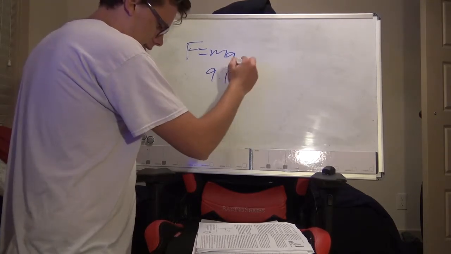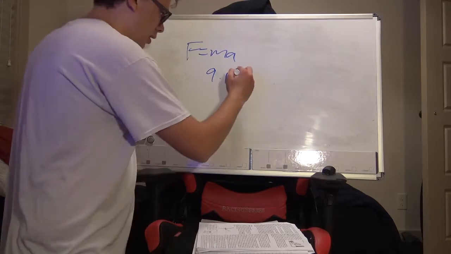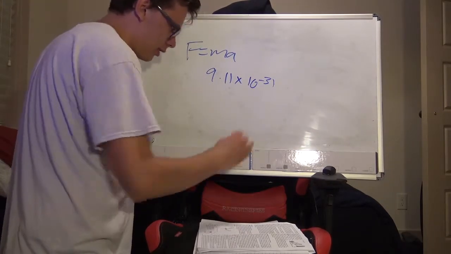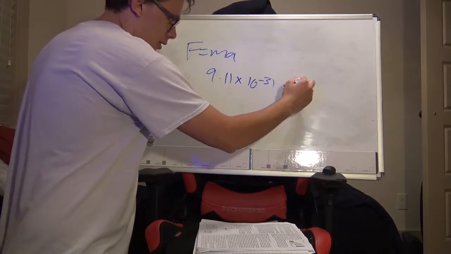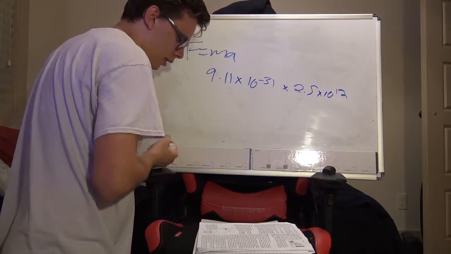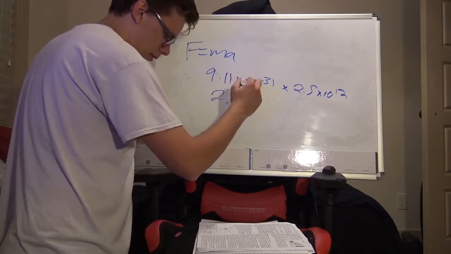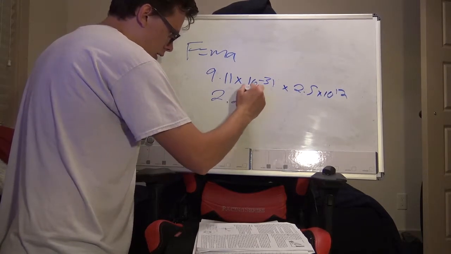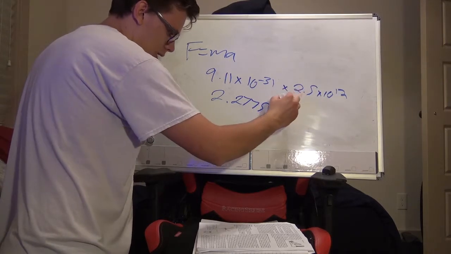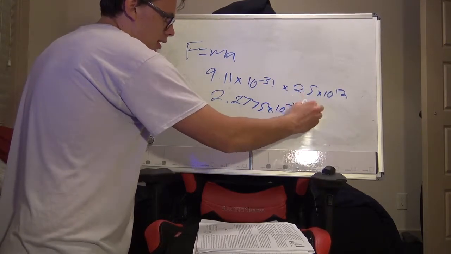So we know the mass is 9.11 times 10 to the negative 31 times 2.5 times 10 to the 12th. Do that, you get 2.2775 times 10 to negative 18 newtons.